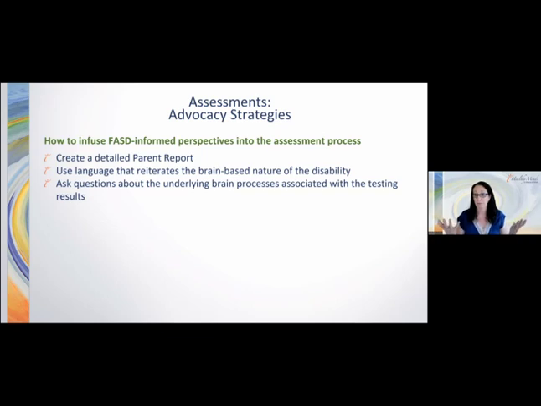You have the right to contribute in that way. You may also want to consider providing outside reports if they demonstrate your child's needs effectively and support or recommend provision of appropriate supports and services. That might be something you want to ask the IEP team to consider.